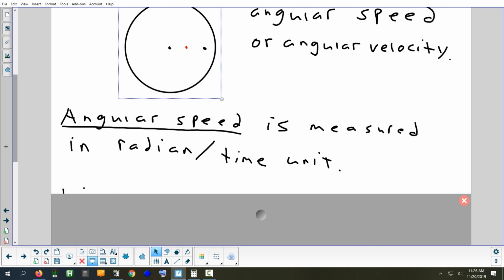So, in our book, angular speed, the default is always radians per time unit. Okay, the time unit's not important. It could be radians per second, radians per minute, radians per hour, but it's radians per something. I mention this because when you do the homework, it's going to say find the angular speed, and it's not going to tell you the units to use.